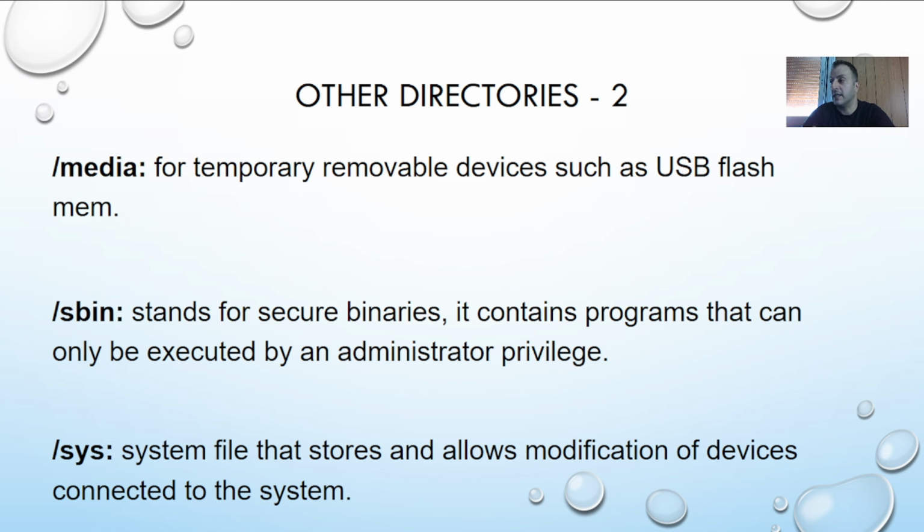It contains only programs that can only be executed by an administrator or a root user. Root is the highest administrator level in a system, so these programs can be executed only by root or another user that has root privileges, with the administrator password.